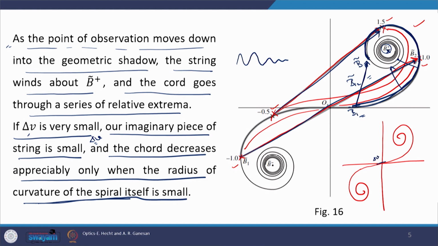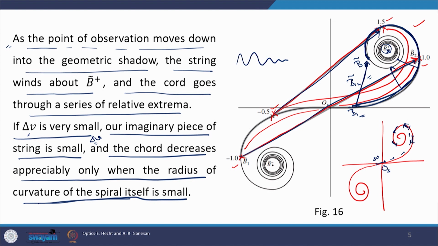Since the slit is very thin, the length of delta V is very small, as you can see in the figure, and OS is the origin. Okay. Now, what will happen if we go down, then this chord will move up slowly, and what you will see is that this length is not decreasing appreciably. This is the position of the chord at different points of observation.